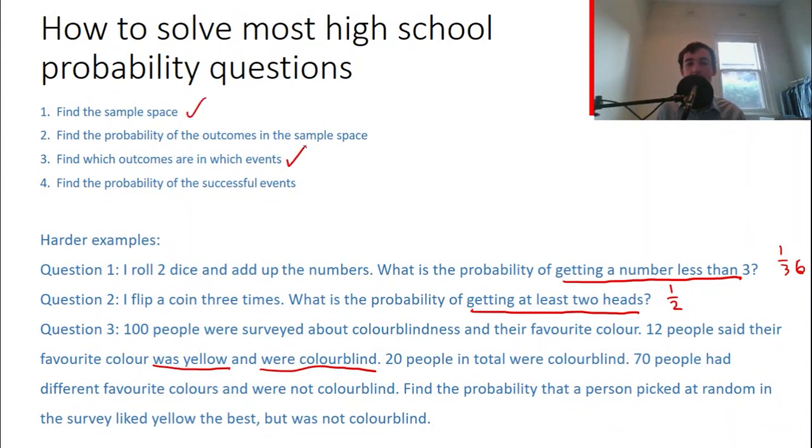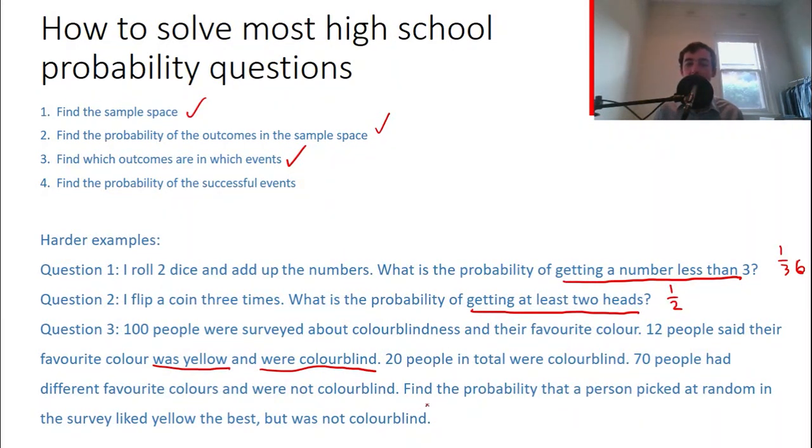We've got which outcomes are in which events. We know that there's 100 people in total, so the probability of each outcome is 1/100. And by the way, you can kind of skip number 2 sometimes, but not always. Okay, and number 4, find the probability of the successful events.